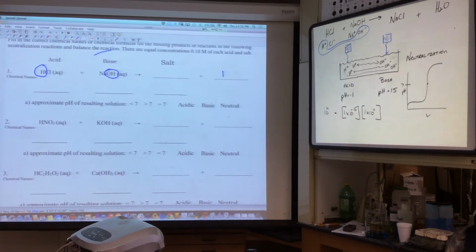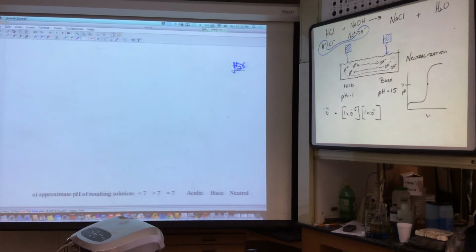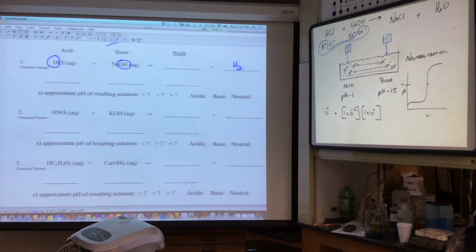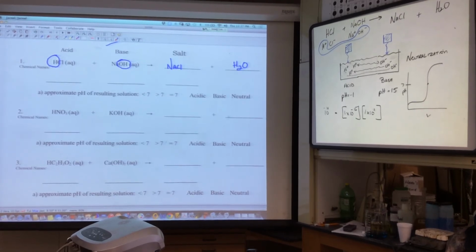Water. And what's left over? NaCl. So you need to know, party people, an acid plus a base makes salt and water. Correct. That's a neutralization reaction.